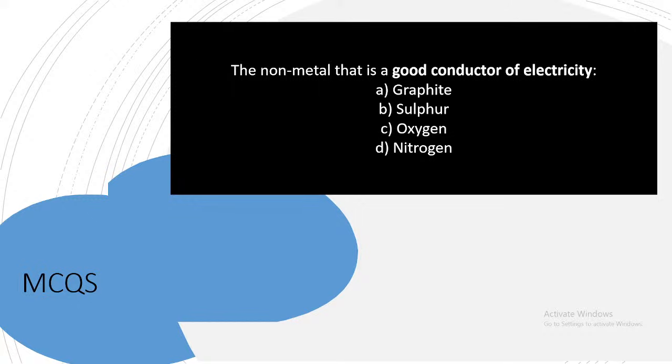Okay, this is also an easy one. The non-metal that is a good conductor of electricity: graphite, sulfur, oxygen, nitrogen. Which non-metal out of these four is a good conductor of electricity?